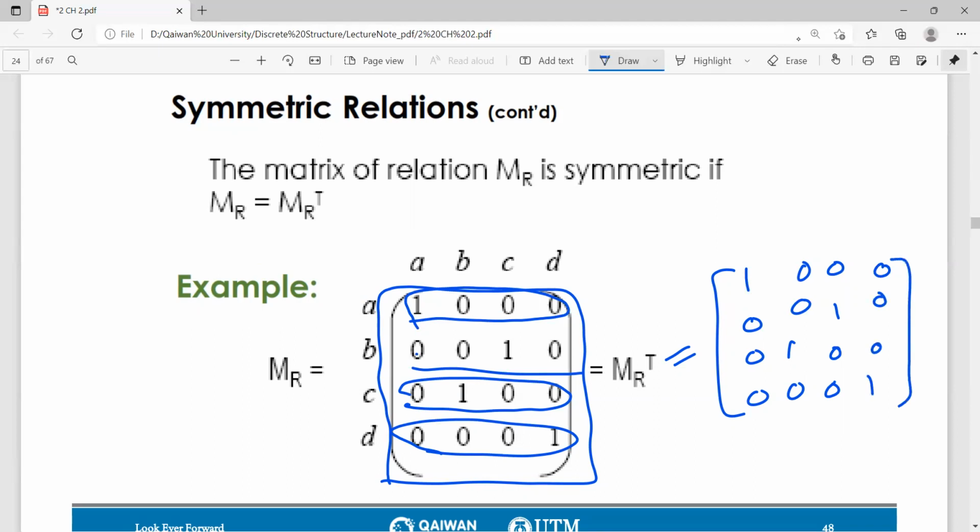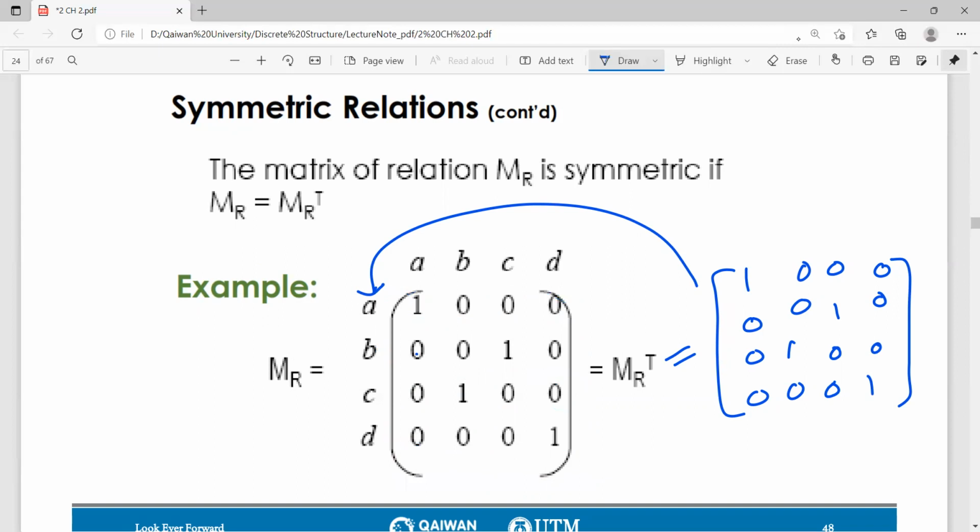Look, if this equals the matrix itself, it means the relation is symmetric. If these two are equal, we say the relation is symmetric. As you see, these two matrices are the same. In the first row, we have 1, 0, 0, 0.